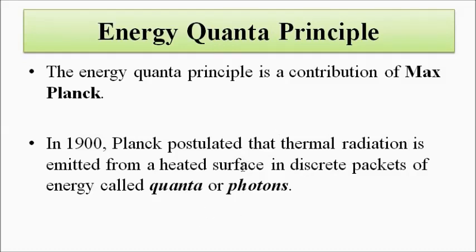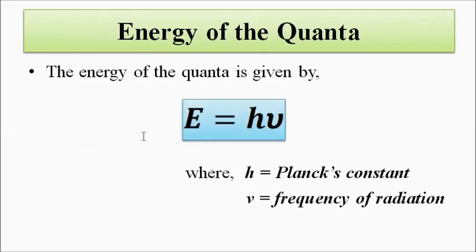So the thermal radiation which is emitted from a heated surface appears in the form of discrete, distinct packets, each having a fixed value which is called quanta, and the value of that energy quanta is given by this equation: E = hν, where h is Planck's constant, and ν is the frequency of the radiation which is emitted.